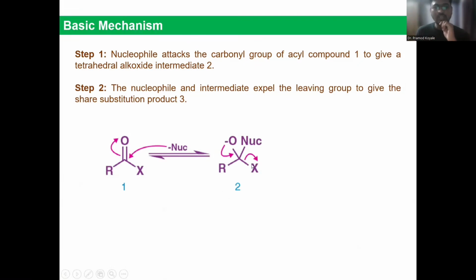Again, in order to remove the leaving group, the negative charge participates in the compound, in the form of resonance, to make the compound more stable and get the product. So lastly, we obtain the respective nucleophilic substituted acyl derivative.